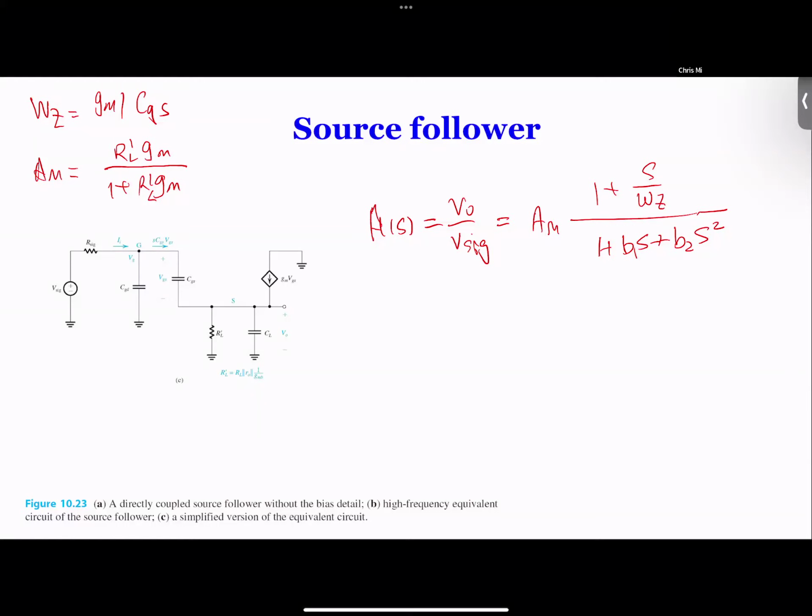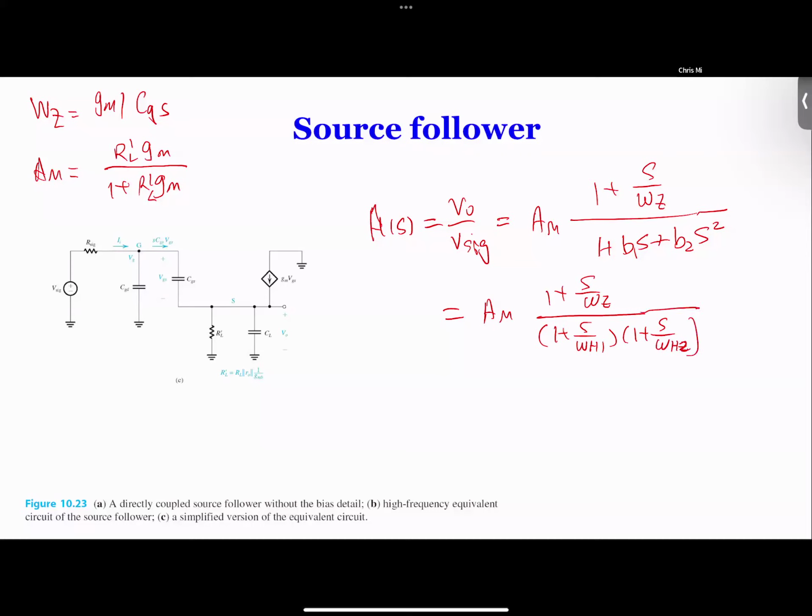B1 and B2 are going to be really complex. I'm not going to write them. But what I want you to do is to further break this down into 1 plus s over omega Z for the top, and for the bottom, 1 plus s over omega H1 and 1 plus s over omega H2.